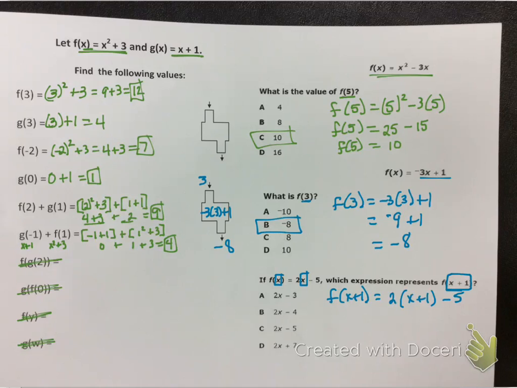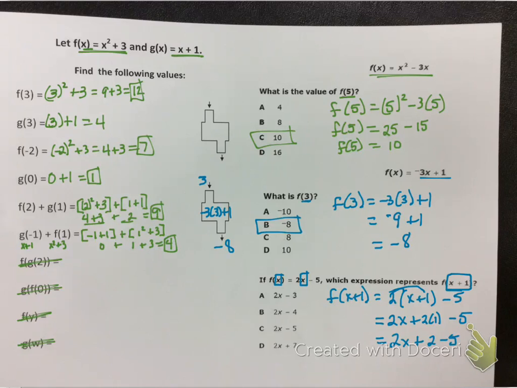So now I have to use the distributive property. So I will have 2 times x plus 2 times 1. Don't forget your hoppity. So 2 times 1, and then my minus 5. So that will give me 2 times x plus 2 minus 5, and then I have like terms.